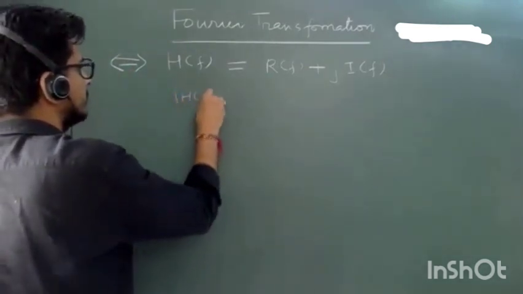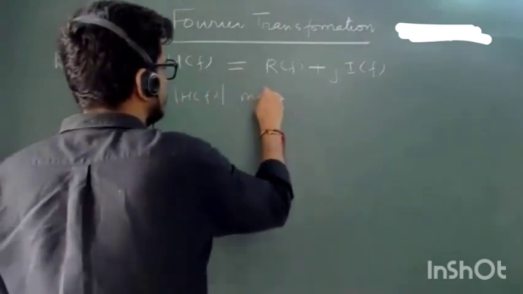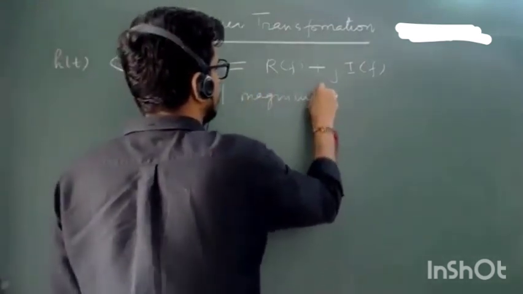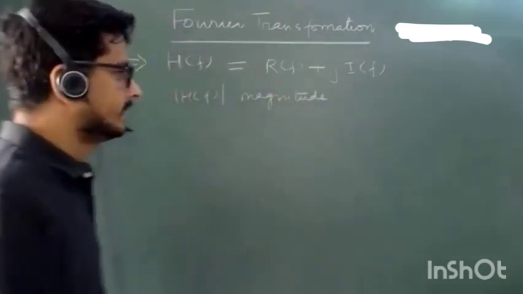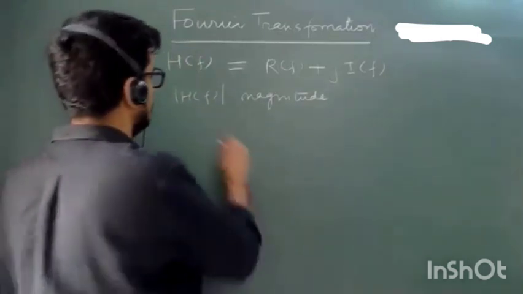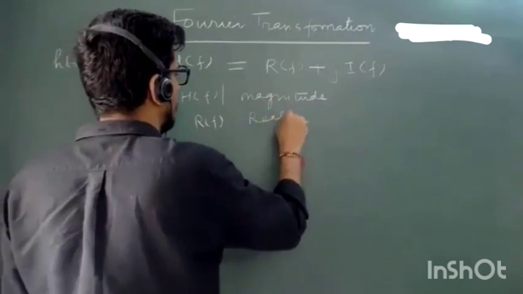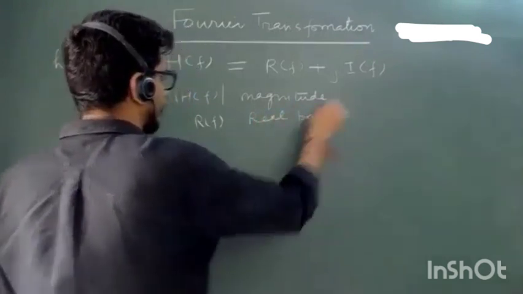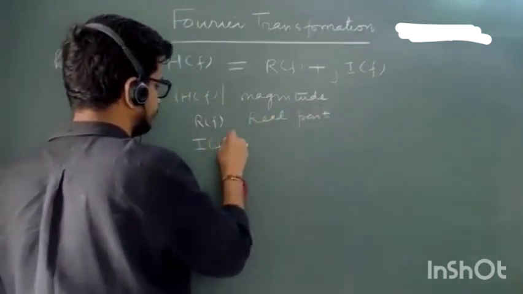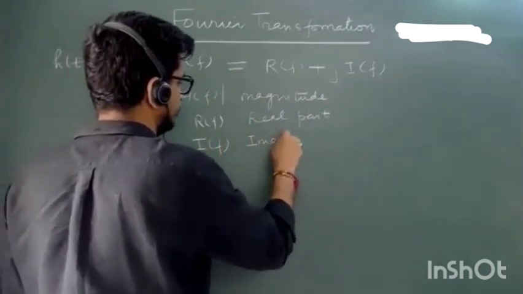This will be known as the magnitude of this function, this will be the real part, and this will be the imaginary part.